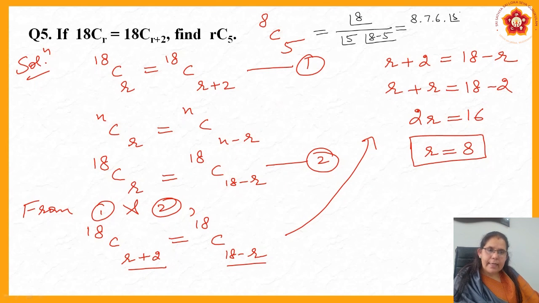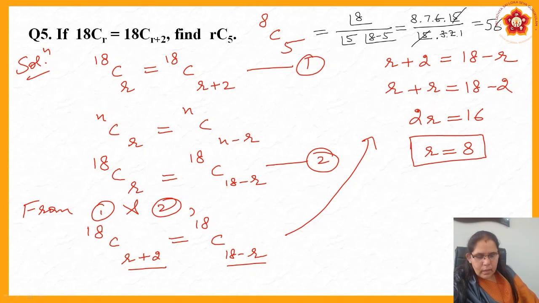You can directly write it 8, 7, 6 and 5 factorial. And this side it is factorial 3, and factorial 3 can be written as 3 into 2 into 1. This gets cancelled. 6 gets cancelled. We are just left with 56. So that is our answer.